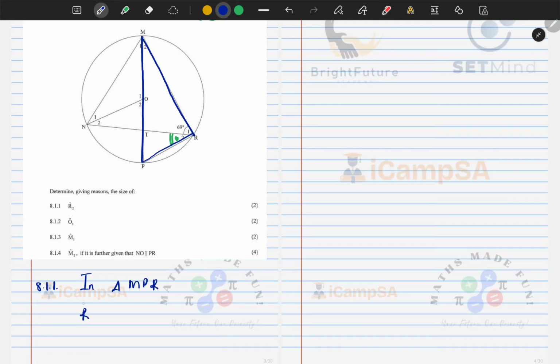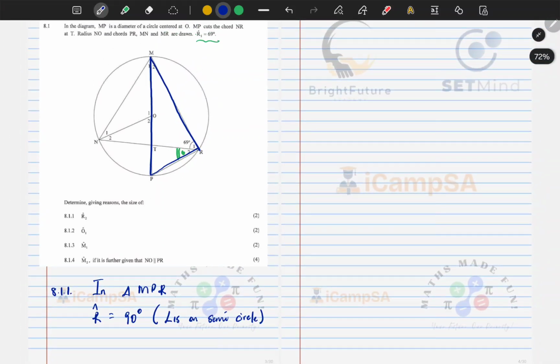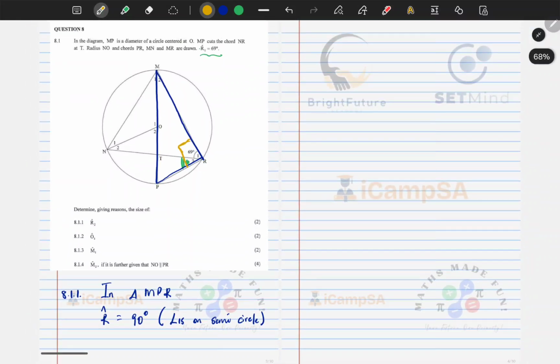So the entire angle R is going to be 90 degrees, and our reason is angles on a semicircle.